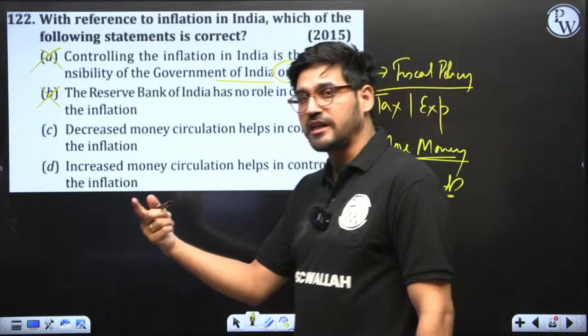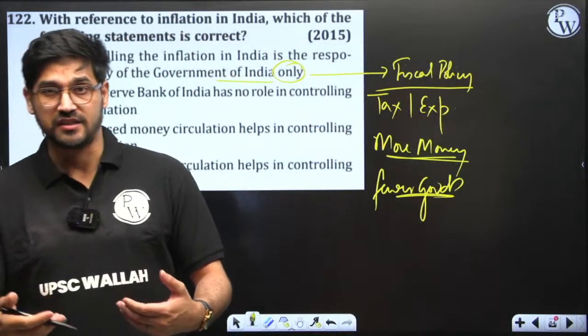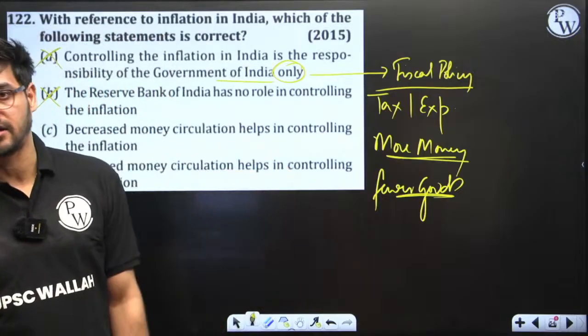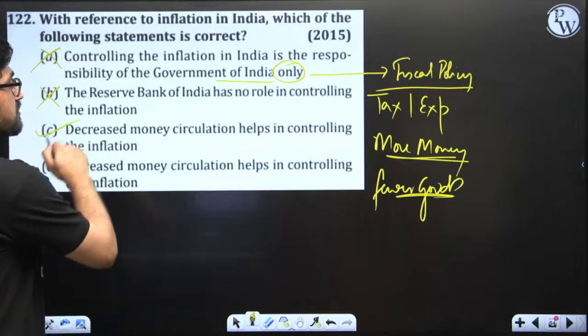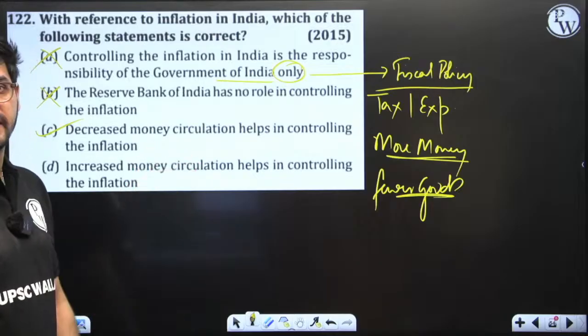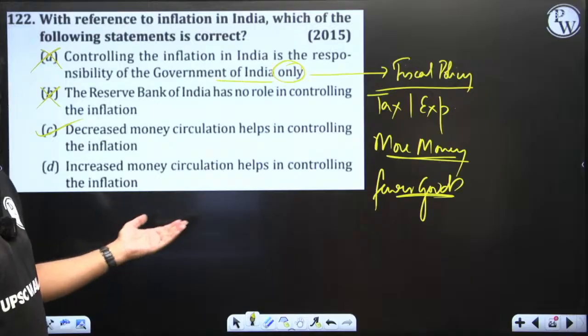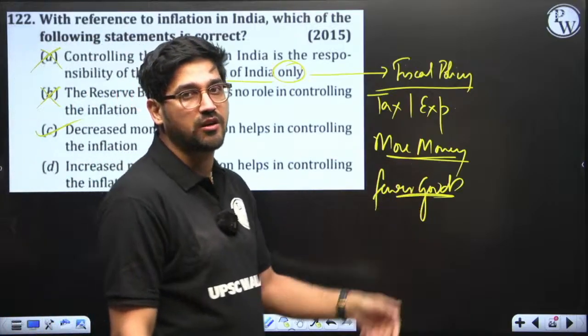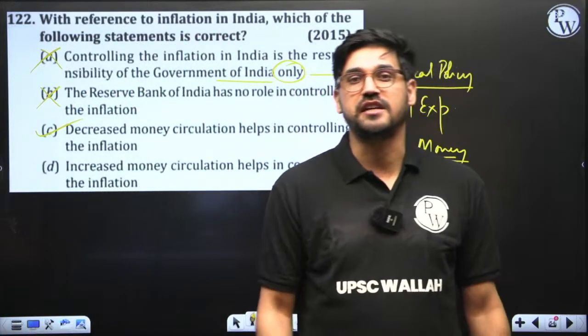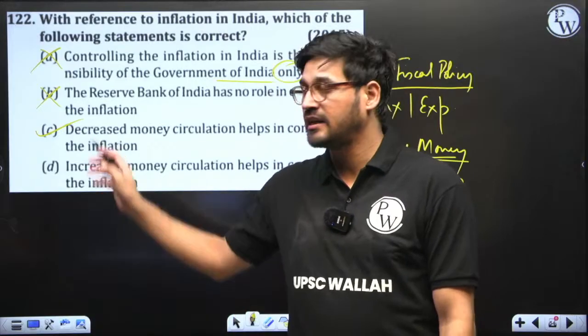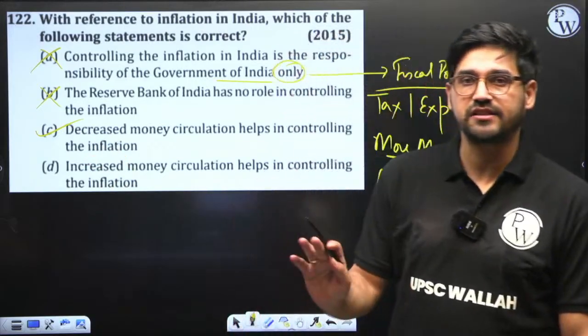If there is more money chasing fewer goods, you create a scenario where there is lesser money in circulation. That means decreased money circulation helps in controlling inflation. Very simple. D: Increased money circulation helps in controlling inflation. Why would you put more money in circulation when there is already more money chasing fewer goods? The answer clearly is C. Very, very simple question.